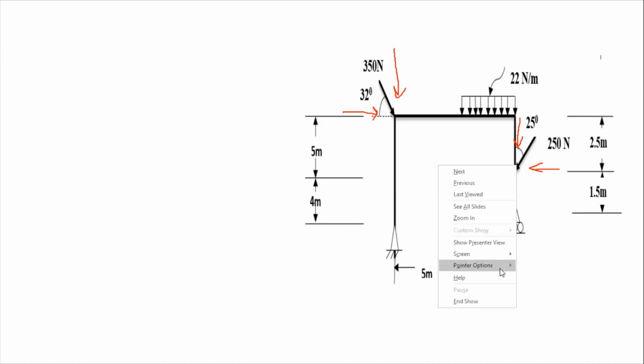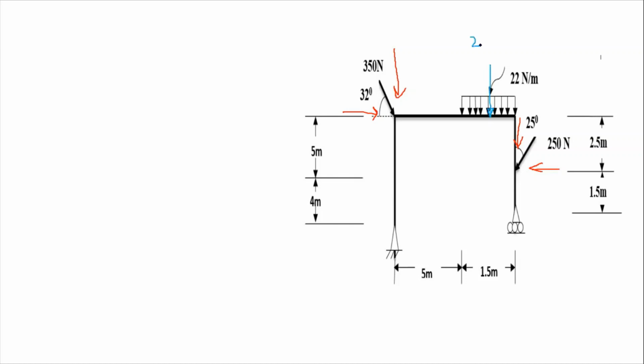And one more thing we have to do here is to convert this UDL force into a concentrated point load. So we will multiply P equals 22 multiplied by 1.5.